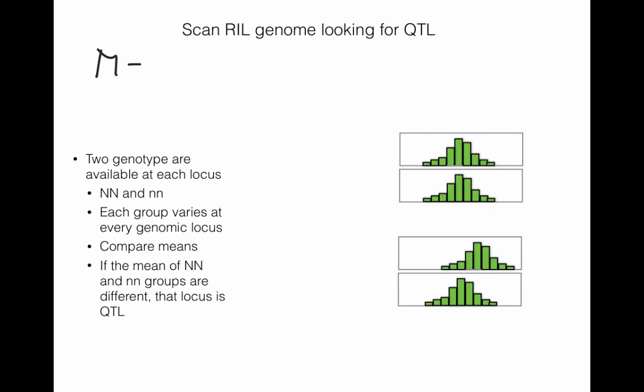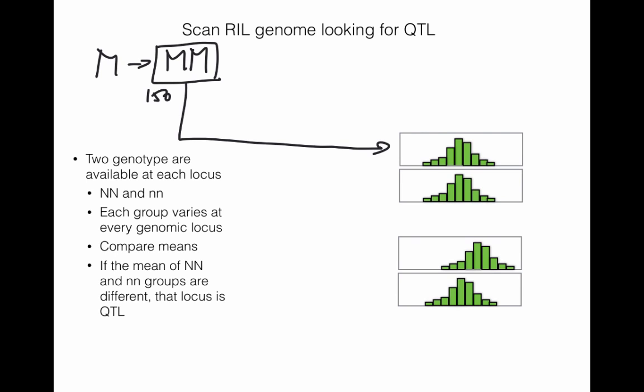So let's suppose that we look at a locus called M. For the locus called M, we might have about 150 plants that have big M, and these 150 plants would then be measured, and we would derive the mean for these 150 plants. Of course, these plants would have all kinds of other different genotypes in the rest of the genome.